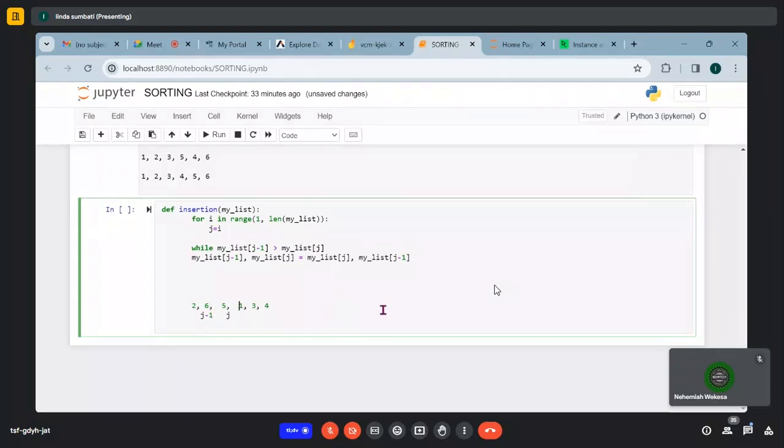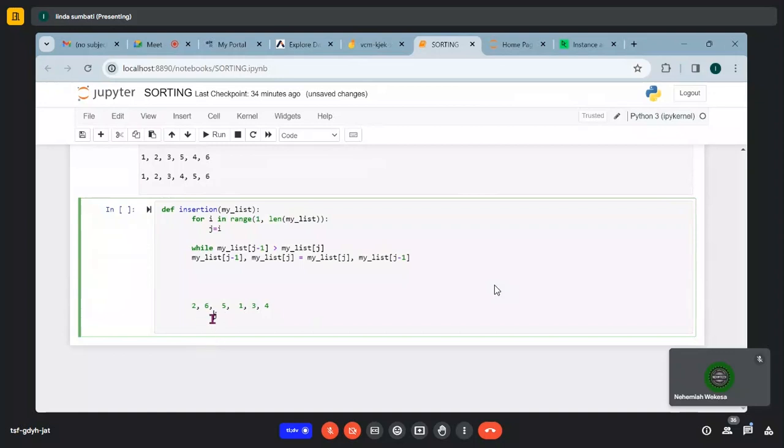Excuse me, Linda. Yes. I think your explanation is contradicting the assumption you said. You've said that 2 is assumed to be in the right place. Yes. So for it, 2 is j, right? Yes. So if j minus 1, so the first j will be 6. Okay, not 2. Yeah, it's the same thing.